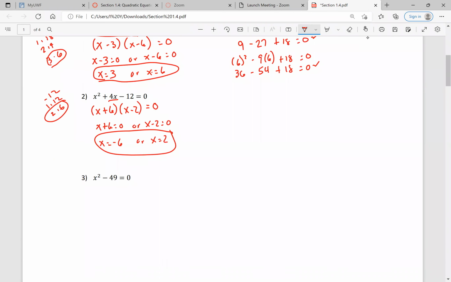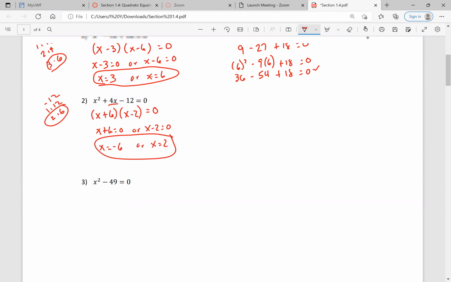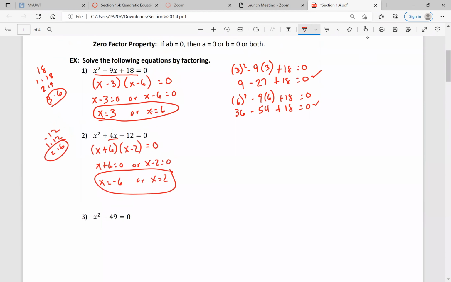Okay, this next one. We have -49. It's pretty obvious here. One's positive and one's negative. And since there's no middle term, they have to be the same number.